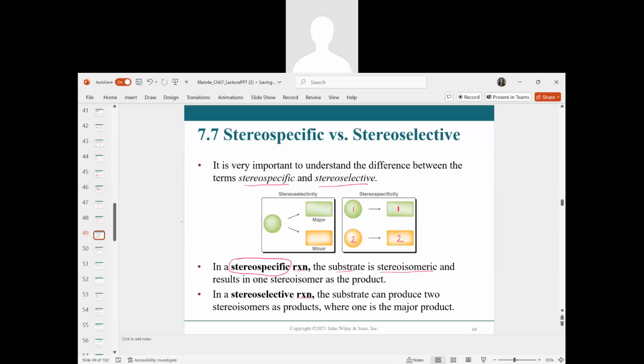They are specific based on which stereoisomer. But when we have a stereoselective reaction, a single substrate can produce 2 different stereoisomers. The first would be our major product, but it can also produce a second stereoisomer as a product, and this is usually less. So we have a major and a minor product.